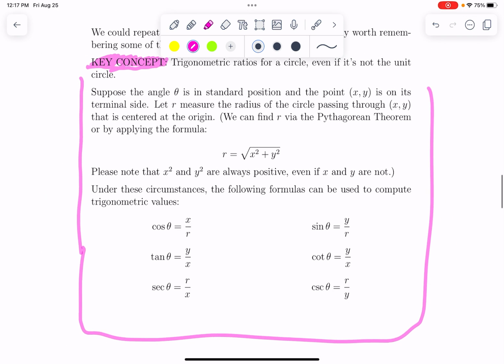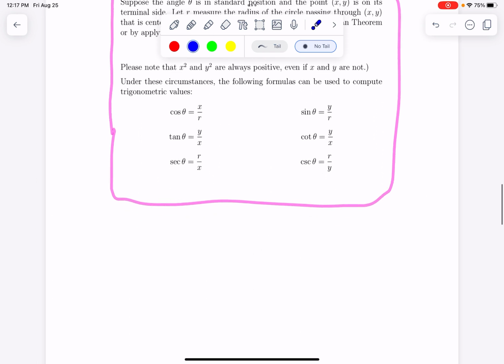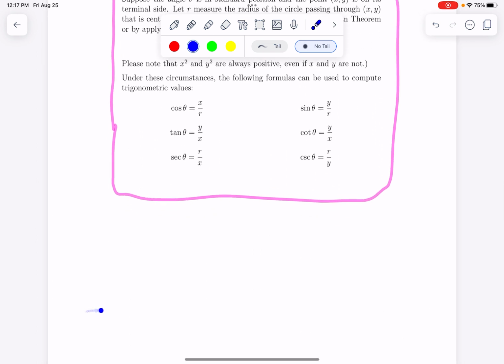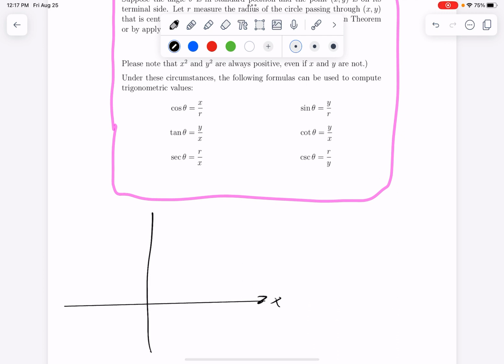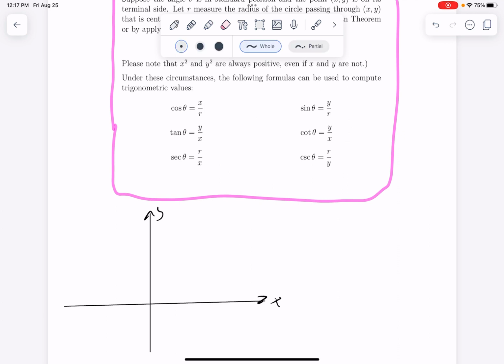So here's our setup. Suppose the angle theta is in standard position and the point xy is on the terminal side. I'll draw a generic picture down here. Here's my x-axis. Here's my y-axis. I'll draw an obtuse angle. Let's suppose here is the point P. I'll put it in the second quadrant.